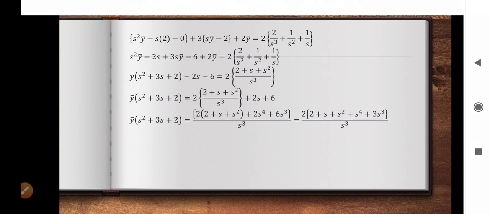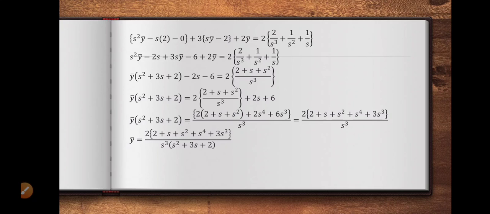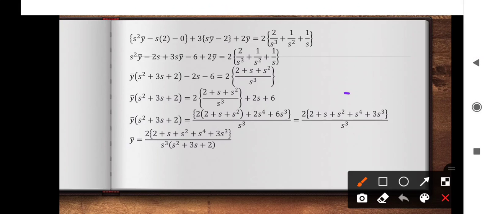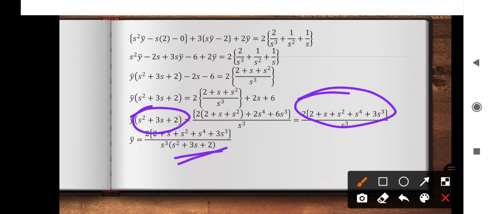So it gives us y bar equal to 2 into bracket 2 plus s square plus s raised to 4 plus 3s cube. This numerator will be as it is, and now this term on the LHS will become the denominator on the RHS.